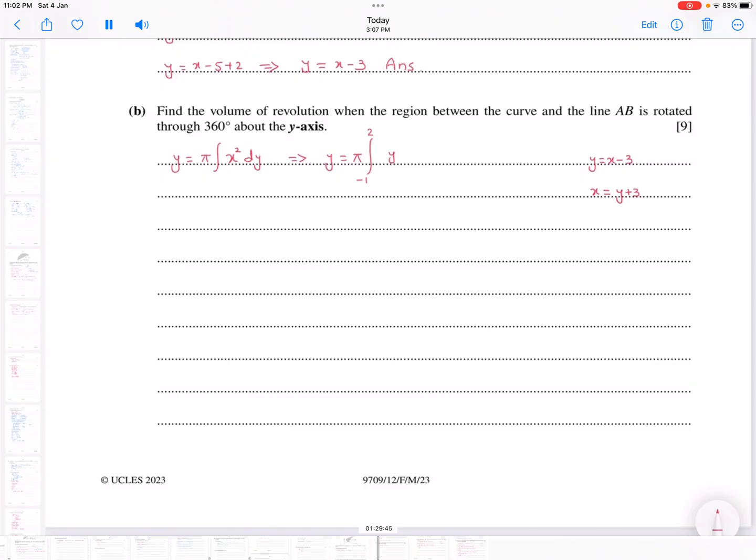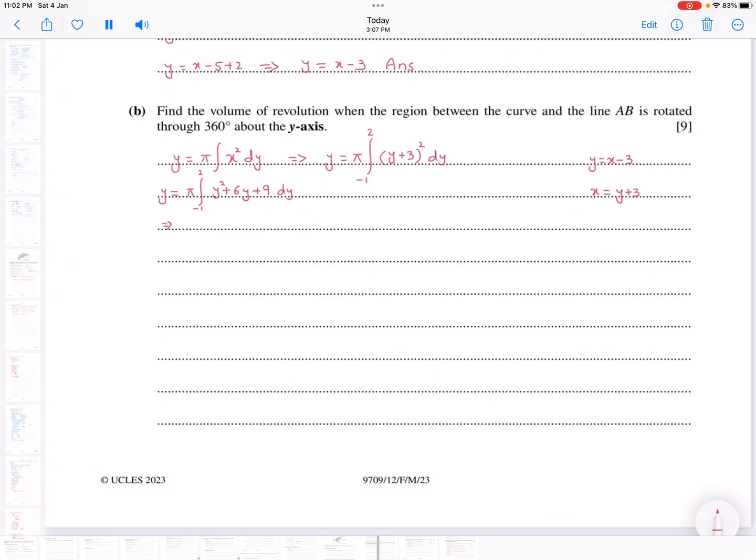I will use this y plus 3 whole square dy. Limits are from minus 1 to 2. Now first open it according to the identity a plus b whole square. So this becomes y square plus 6y plus 9 dy.